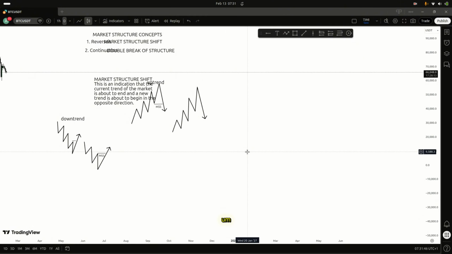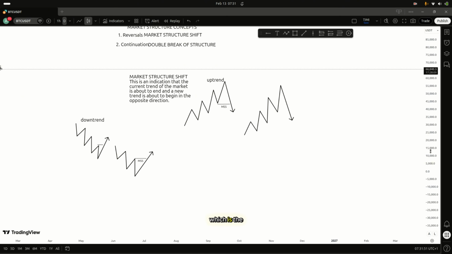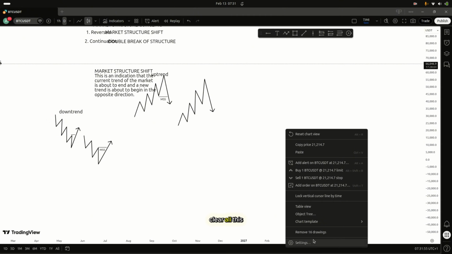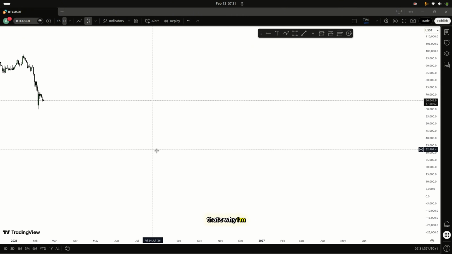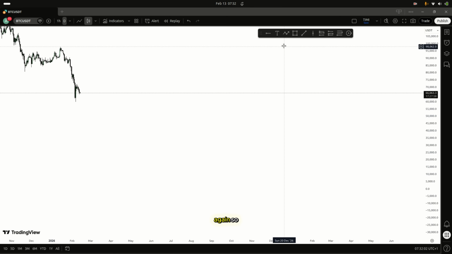So let's quickly move into the concept of continuation, right? Which is the double breakout structure. Let me clear all this. That's why I'm recording the videos, right? So you could always watch it over and over again. So the concept of continuation.